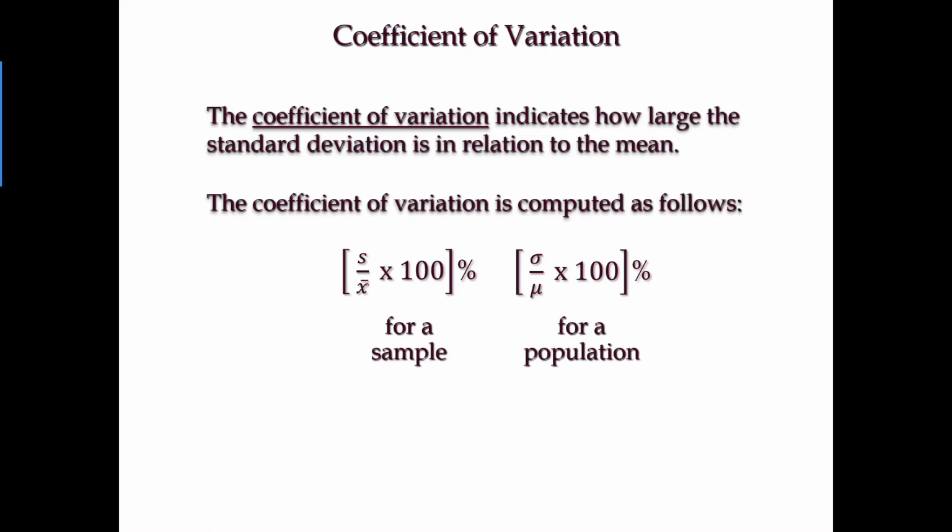Therefore, we are going to use the combination of the standard deviation and the mean to create this statistic. So the numerator is the standard deviation and the denominator is the mean. And keep in mind that the sample and the population coefficient of variation will be different. The reason is the numerator, the standard deviation, is different for sample and for population.